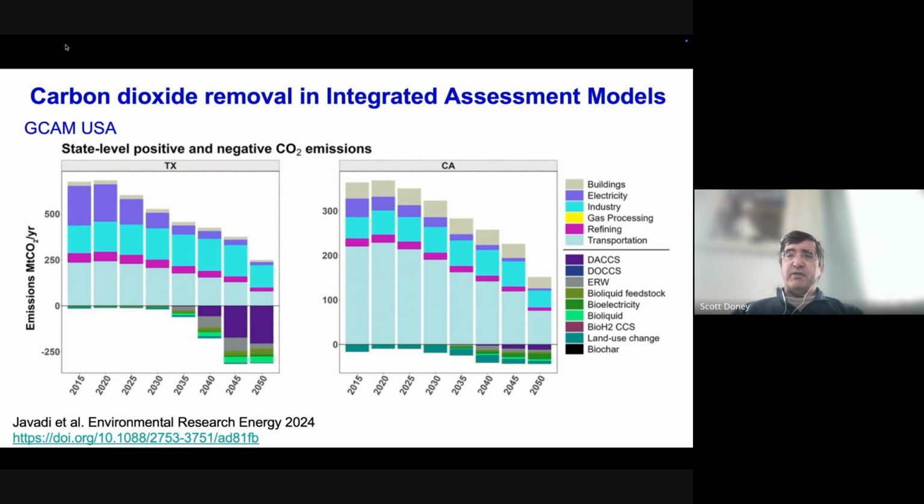While California here isn't balancing its emissions, it doesn't reach net zero, it does contribute to an overall national net zero emissions goal. And so you can start looking at the economic and political and social factors that might play in as different states respond to national climate goals.